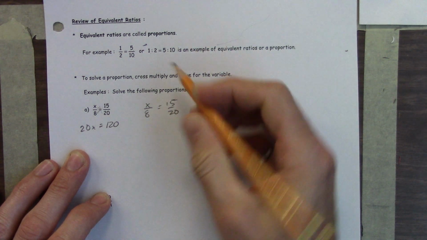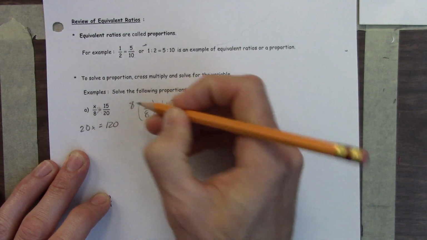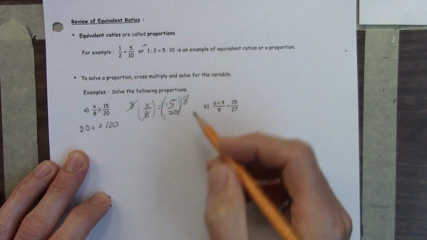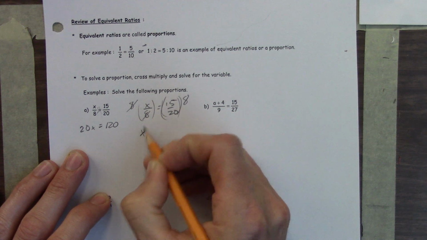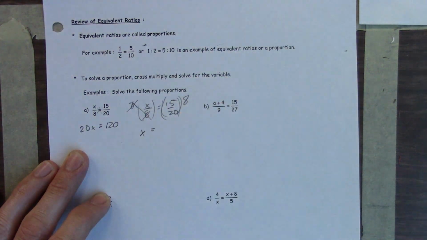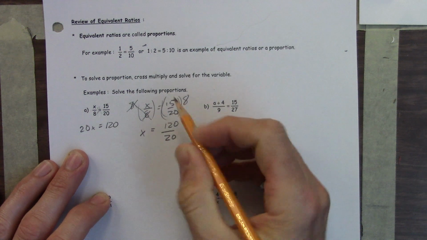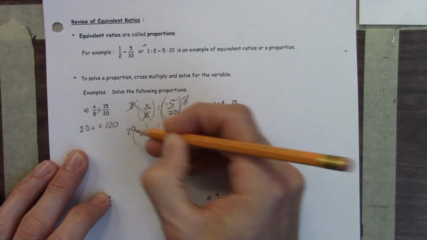What we're actually doing is we're multiplying both sides first by 8, so these cross out. This gets multiplied by 8. And then we get here x, because the 8's crossed out, equals 15 times 8, so we have 120 over 20, and then we're multiplying both sides by 20. That's what we're doing.